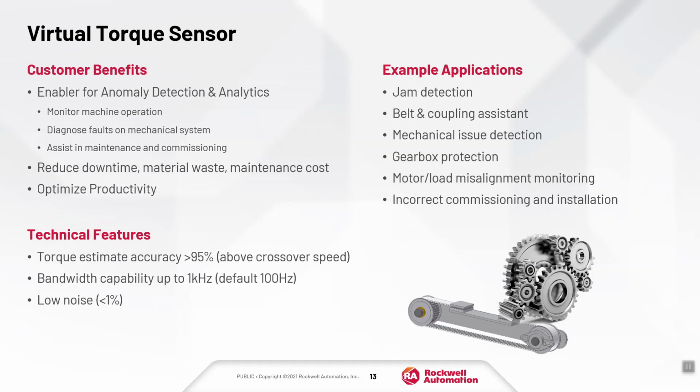You might see change over time of mechanical performance of a given system, or of a gearbox that may be failing. So as torque goes up, we can monitor that through this virtual torque sensor and then provide, through a tag, a simple means to leverage that information to make an informed decision about what things may need to change in the given control system.